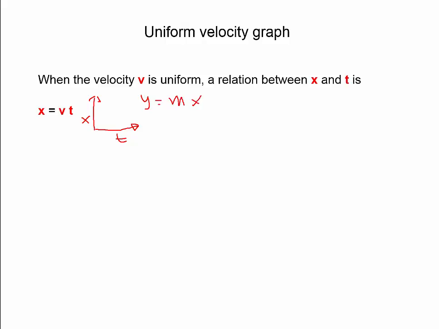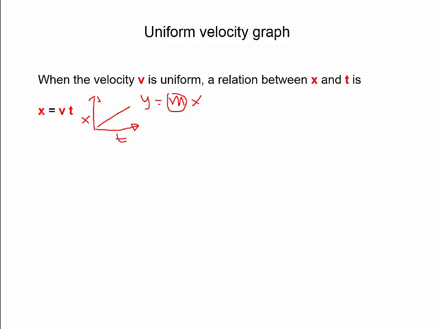Well, y equal to mx means y is directly proportional to x. X equal to vt means x is directly proportional to t. Now here, a graph of y versus x will be a straight line and its slope will be m. That's what it means.